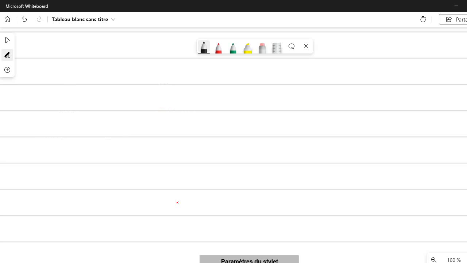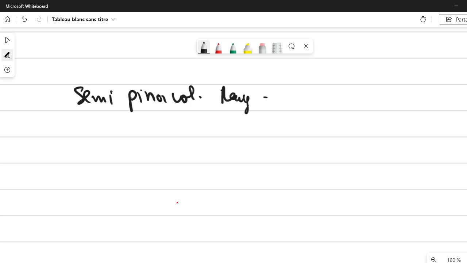Sorry. So right now we talk about the semi-pinacolic rearrangement, okay? It's going to be the same way, but starting from a different molecule, not very different. Here we have an amine group instead of an OH, okay?